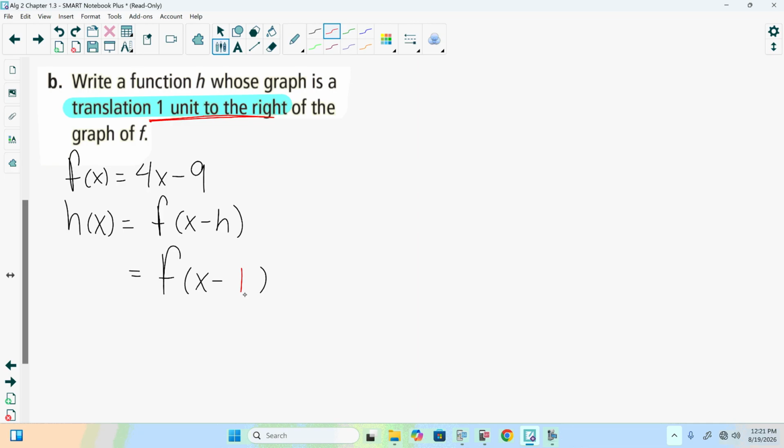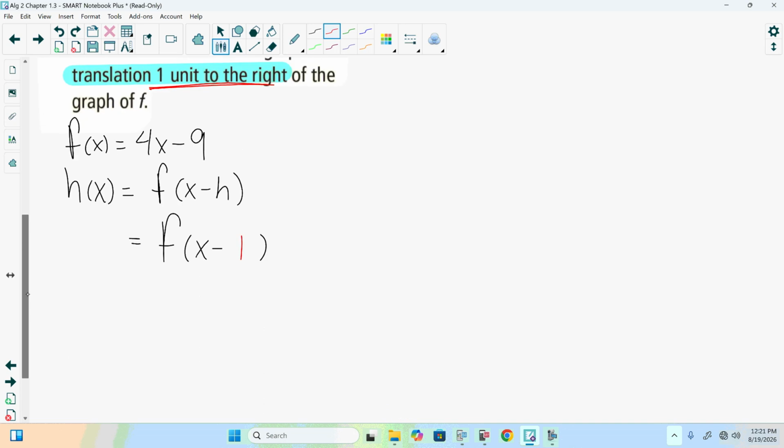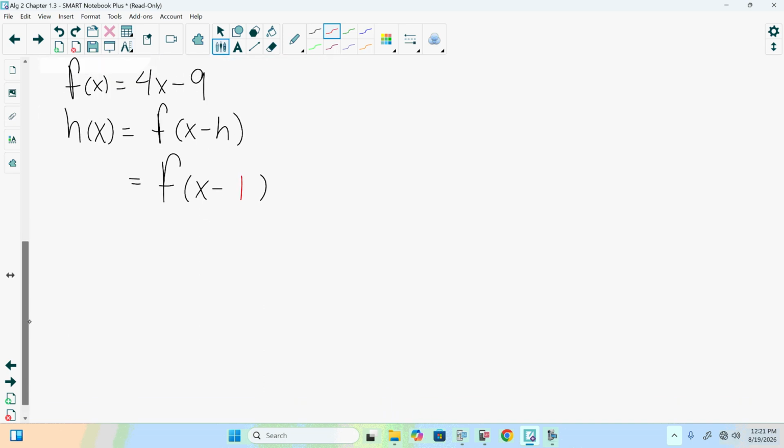So we're plugging in positive 1, which gives us x minus 1. That's why, again, we get that opposite of what we think. We did plug positive 1 because we did go right 1, but now it looks like it's negative. It's that flip. Questions on this here before we do the next step?